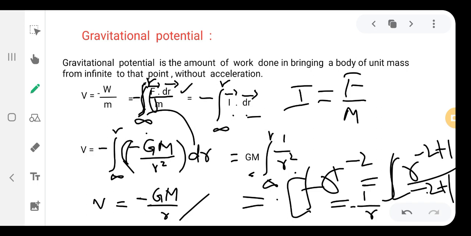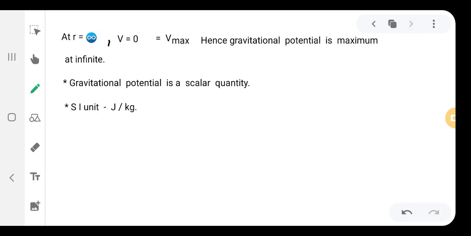Minus into minus is plus, so V is equal to G M by R.